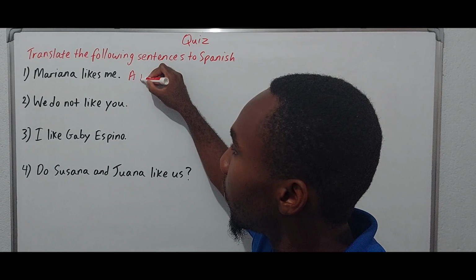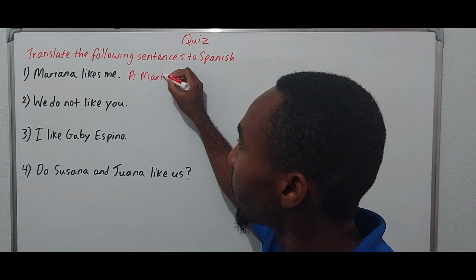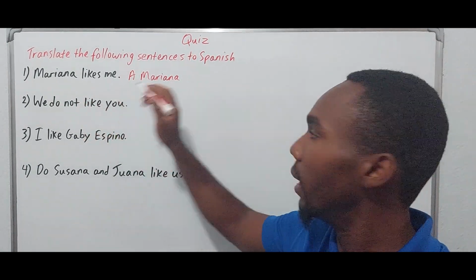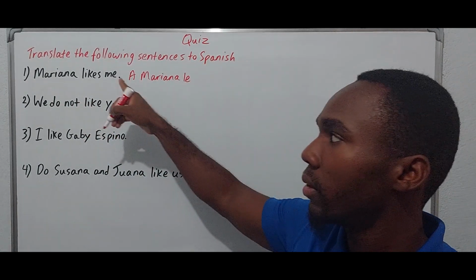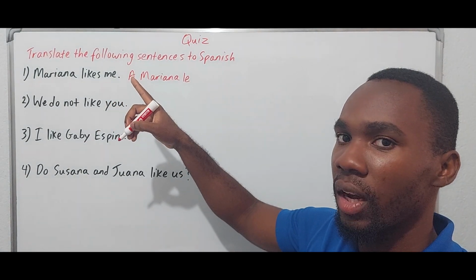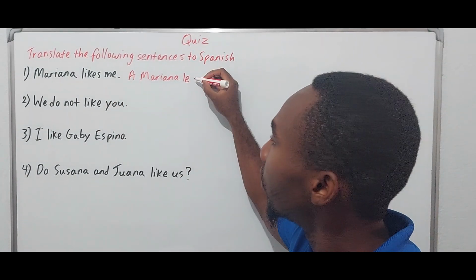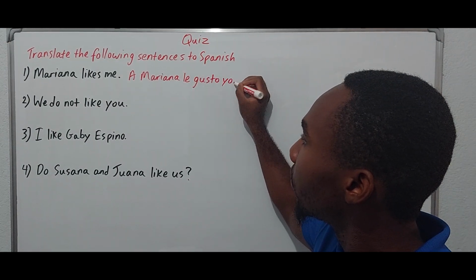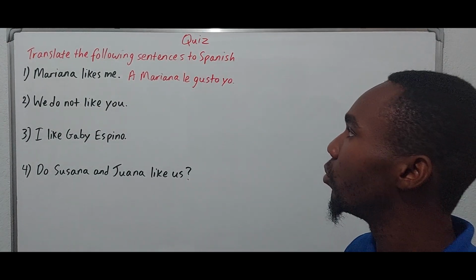So, a Mariana, le, me. So how would we conjugate gustar? Yo. So, gusto yo. A Mariana le gusto yo.